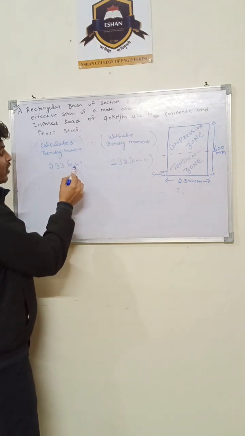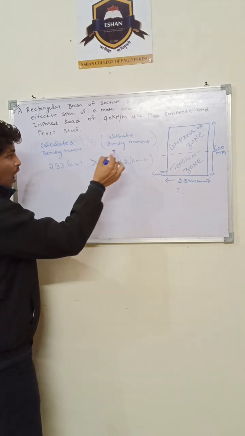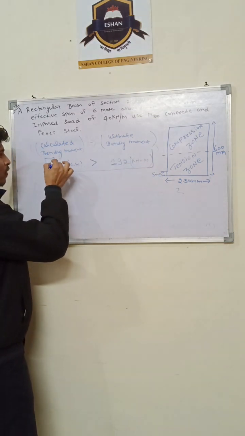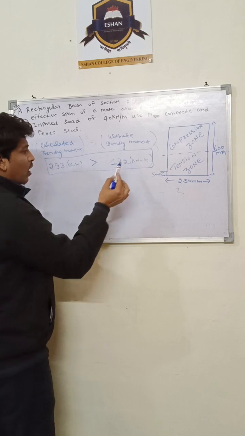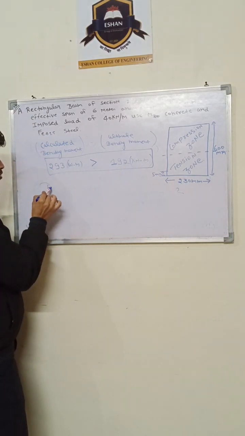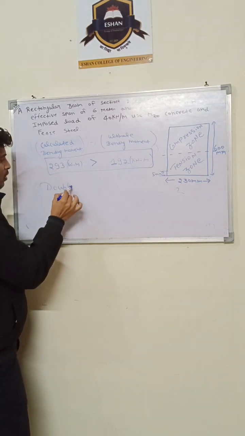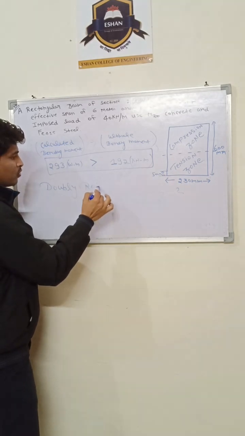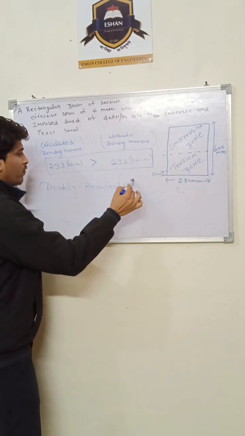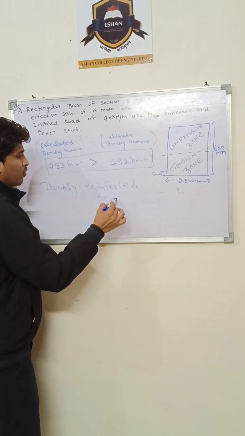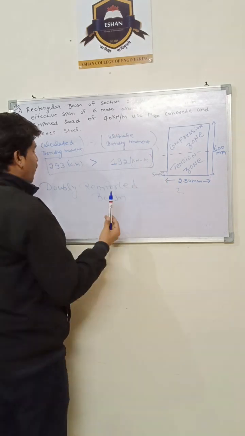When this type of situation occurs, you always design a doubly reinforced beam.